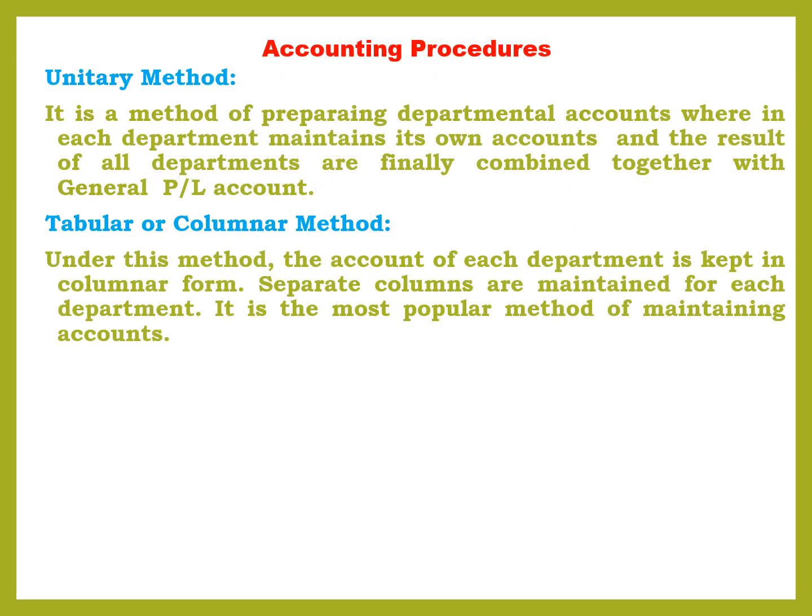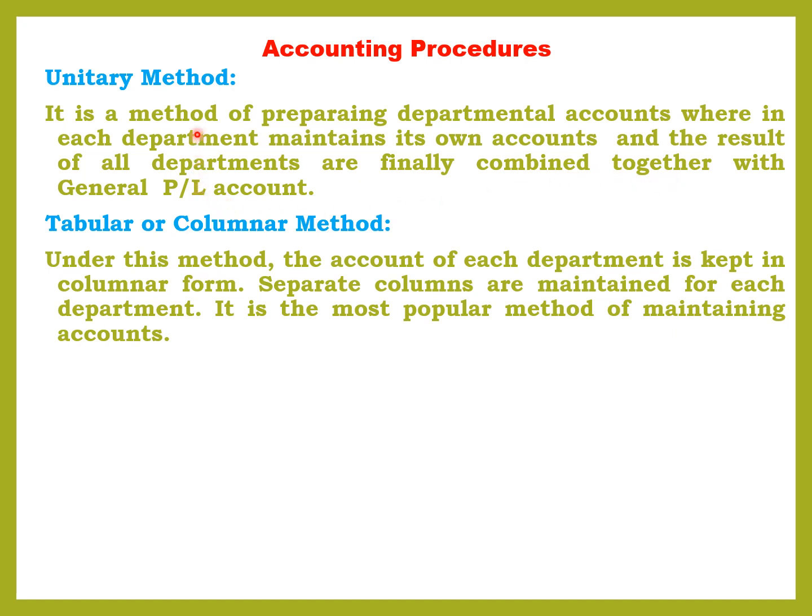There are two procedures in maintaining books of accounts. One is called unitary method. The other one is called tabular or columnar method. It is a method of preparing departmental accounts wherein each department maintains its own accounts and the result of all departments are finally combined together with general PL.